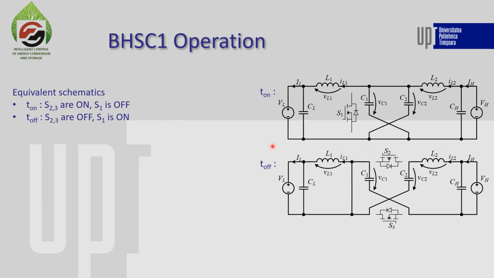And then in the T-off interval, the two capacitors are connected in series at the higher voltage input through the second inductor. We can say here that in the first interval the two capacitors are connected in parallel between the inputs, and in the second one, the two capacitors are connected somewhat in series to the high voltage input.